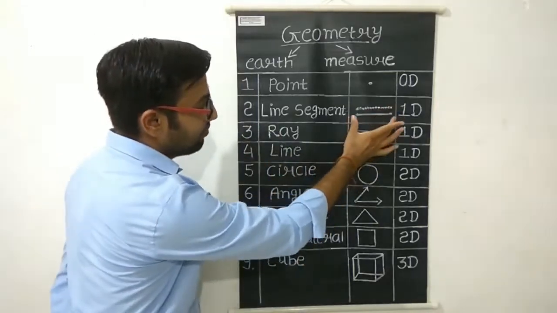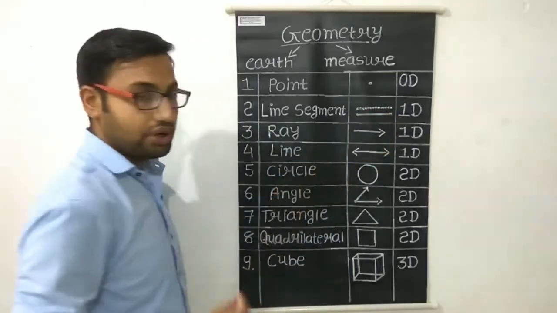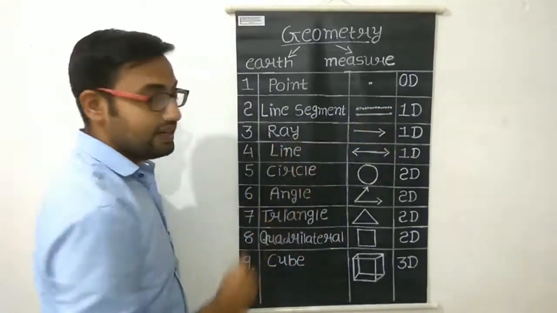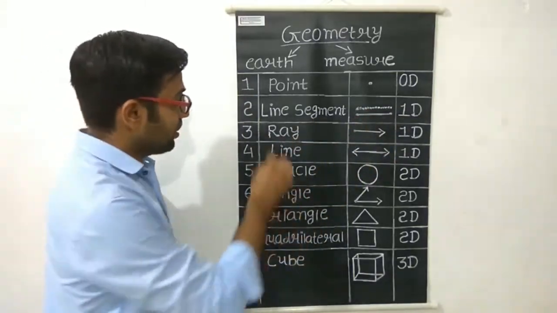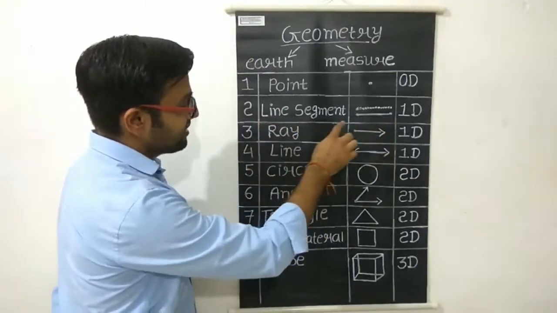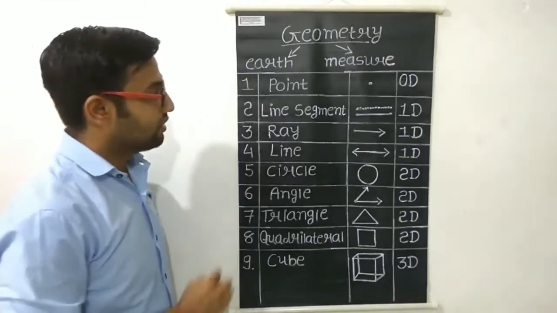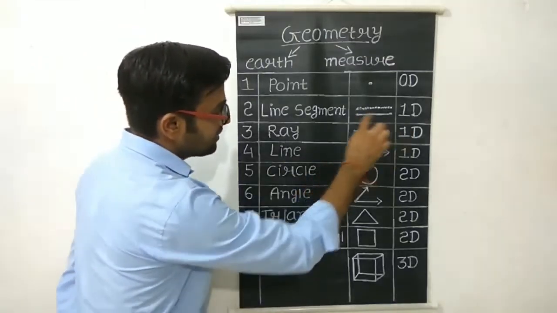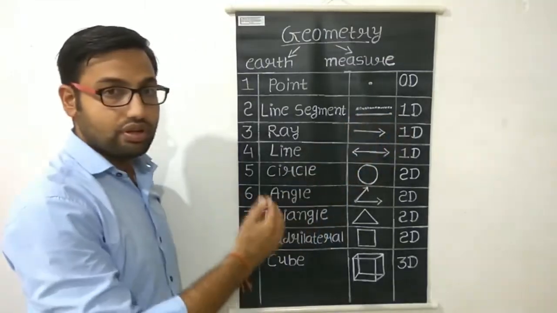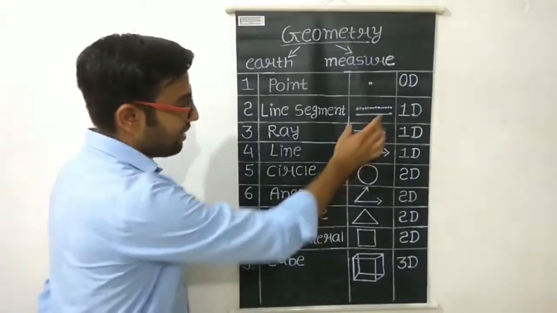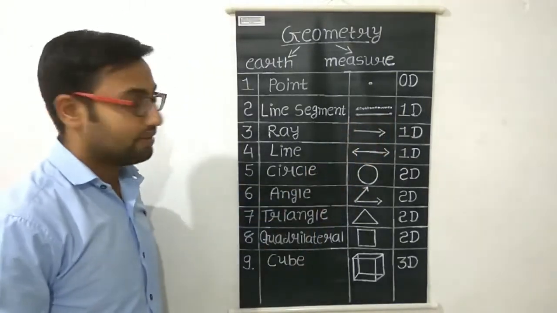It will become this kind of straight line, and that we call a line segment. So the line segment is made of points, right? It is a collection of points, and that we call a line segment.